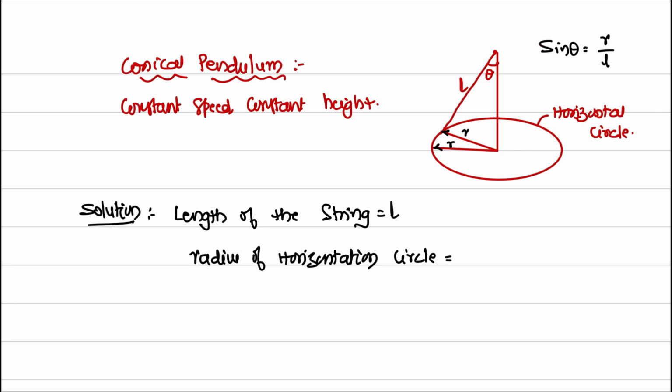Sin theta is equal to opposite side by hypotenuse, that is R by L. Then the radius of the horizontal circle is equal to L sin theta.